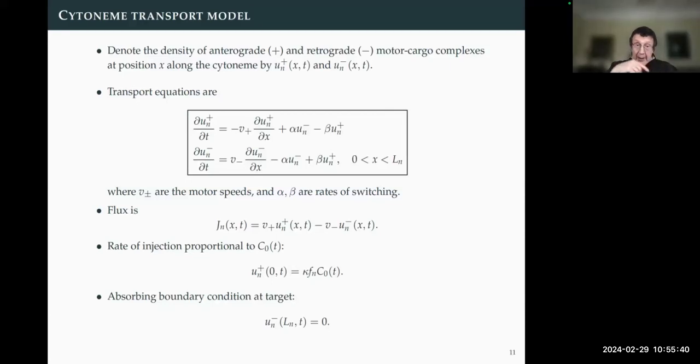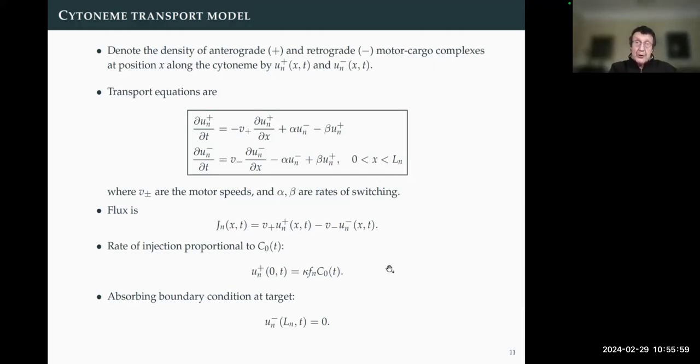It's known experimentally that one has complicated motor cargo complexes that involve a mixture of forward-moving and backward-moving motors that could be on oppositely polarized filaments, for example. And so there's a switching between the two populations.